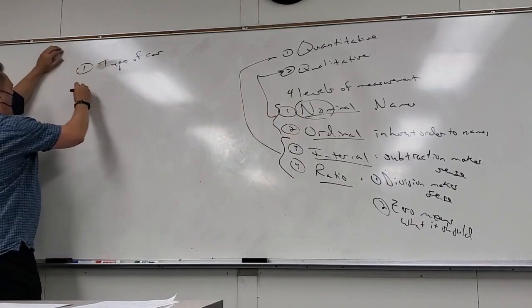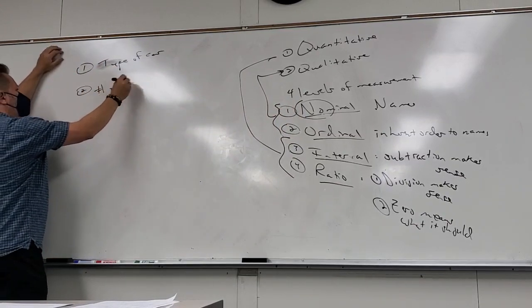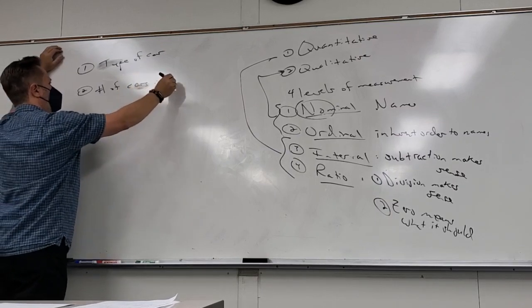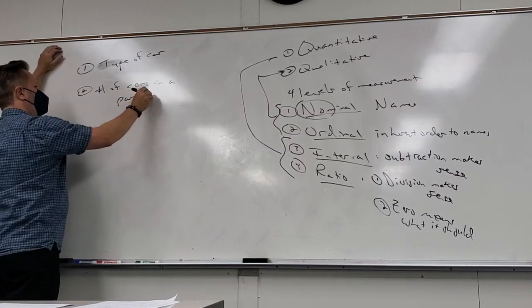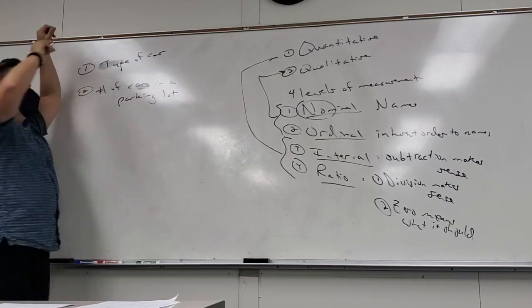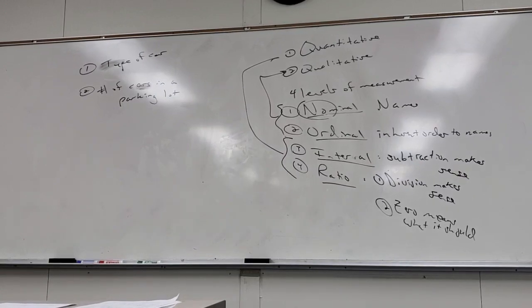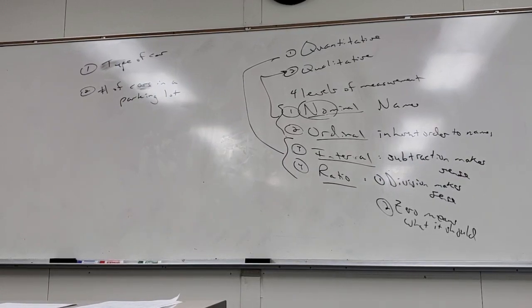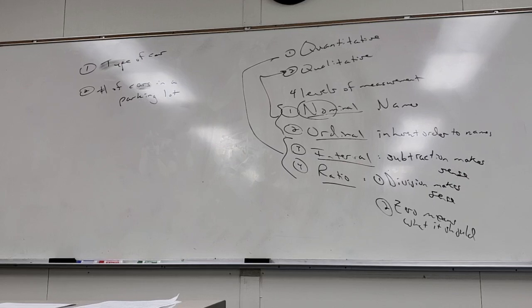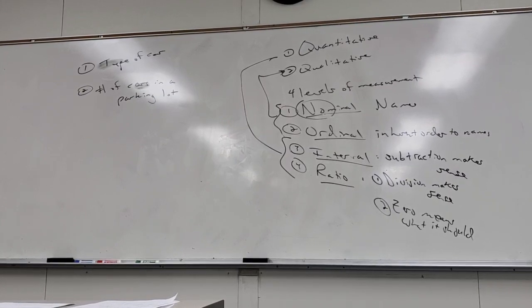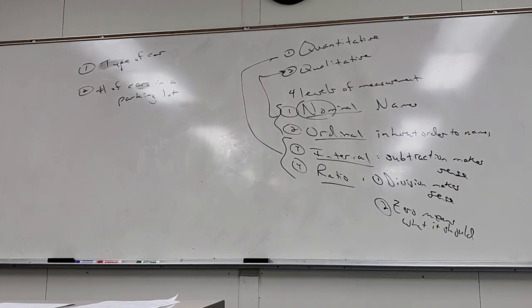What if I said the number of cars in a parking lot? Yeah, so now real quick, I want to make sure that you understand this. If there were 8 cars in the parking lot and the next day there were 6, 8 minus 6 is 2. Does it make physical sense? That means there were 2 more cars the day before, right?